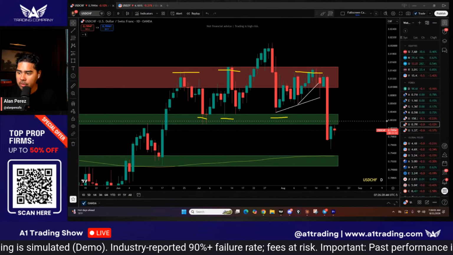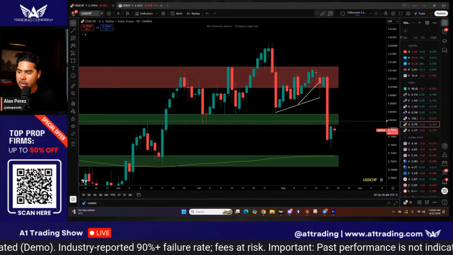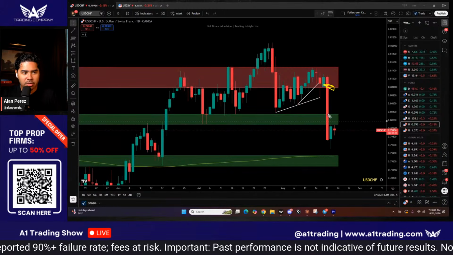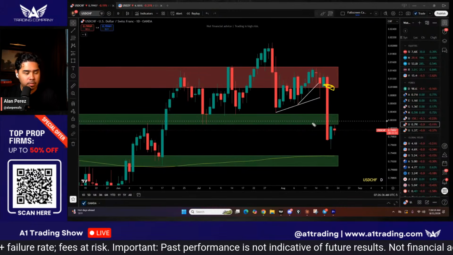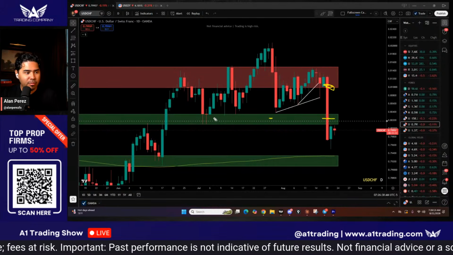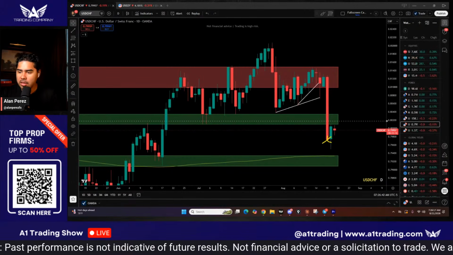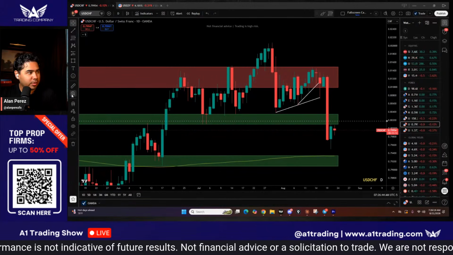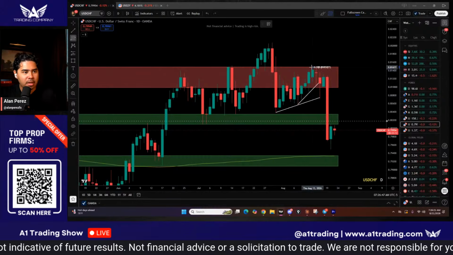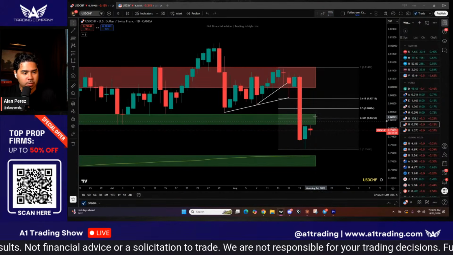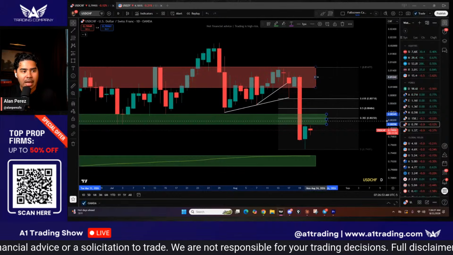What I did was I shorted USDCHF somewhere right here, and then I caught this move, and then we surpassed this level of support, but we haven't really retested it. So I took some profits, and then all I did was take a Fibonacci retracement level and just measure the move out, and then look for potential opportunities where I want to re-enter the trade if we do get those pullbacks. So similar to gold, I know I want to be long gold.